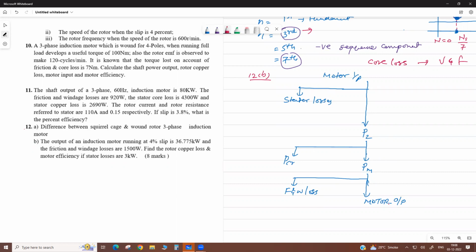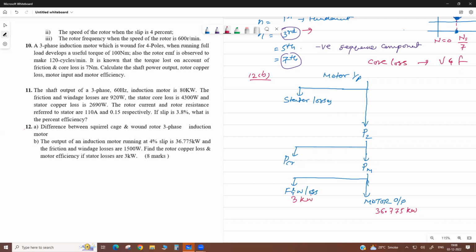My dear, here in your question 12B, motor output is 36.775 kilowatt. Friction and windage loss are 3 kilowatt.